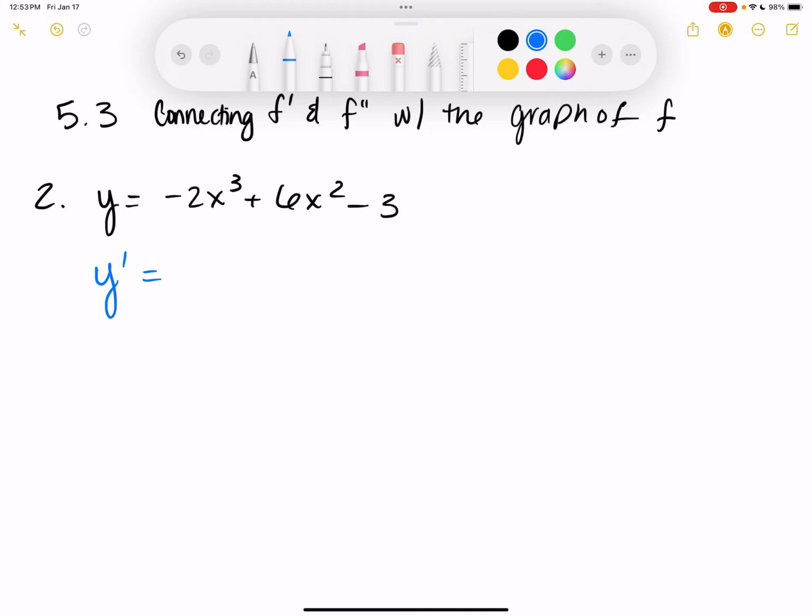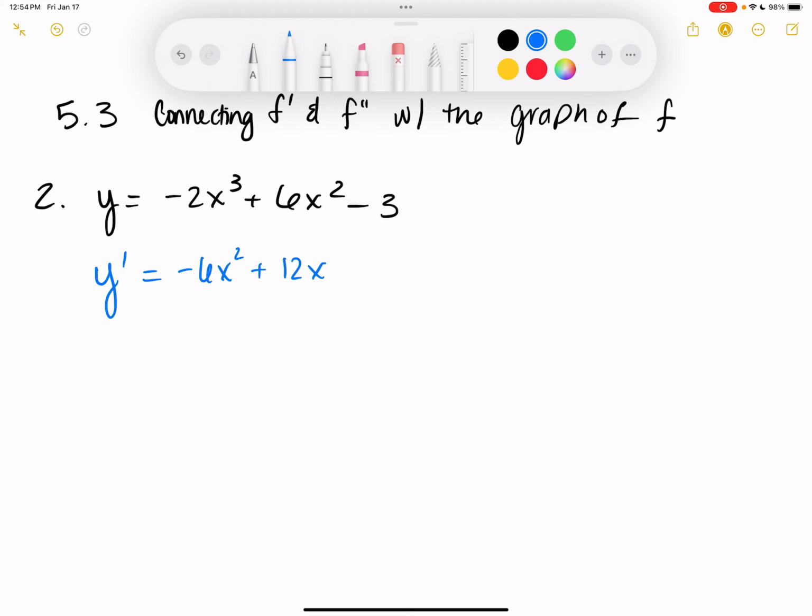All right. What is the first derivative of this function? Negative 6x squared plus 12x. Yep. So then as far as setting it equal to 0 and solving, I would probably factor out first.